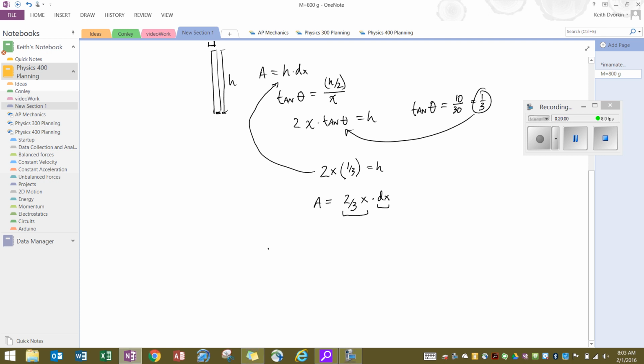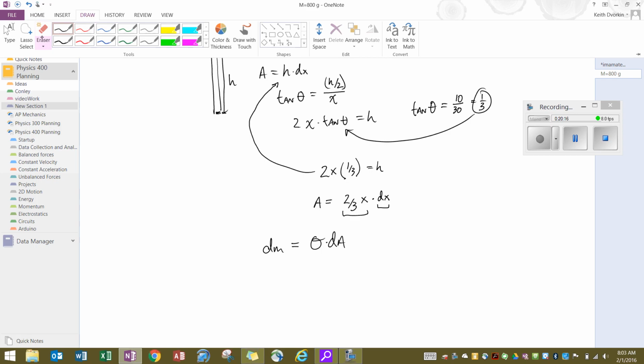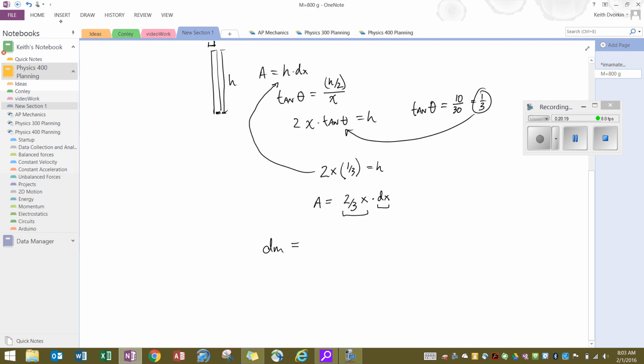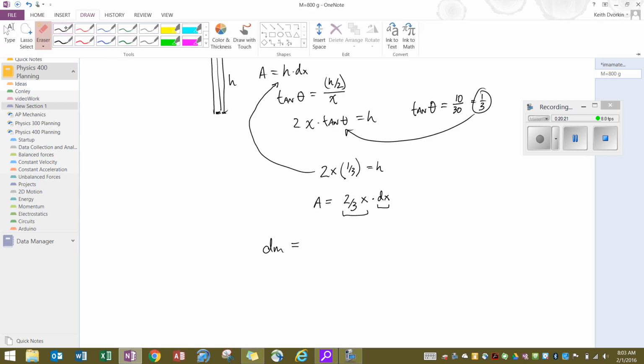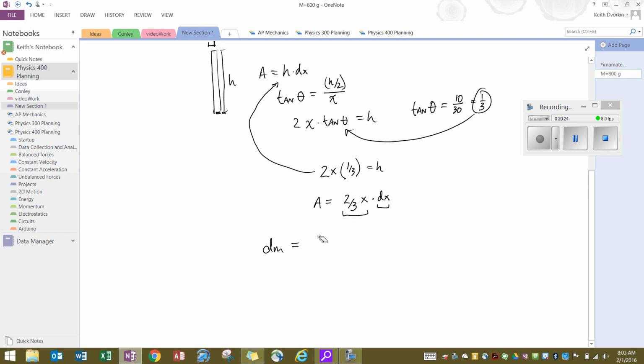And now we can write out dm on our coordinate system. So dm is going to be the surface mass density times a little bit of area, so our surface mass density sigma times this area that we just found, 2/3 x dx.